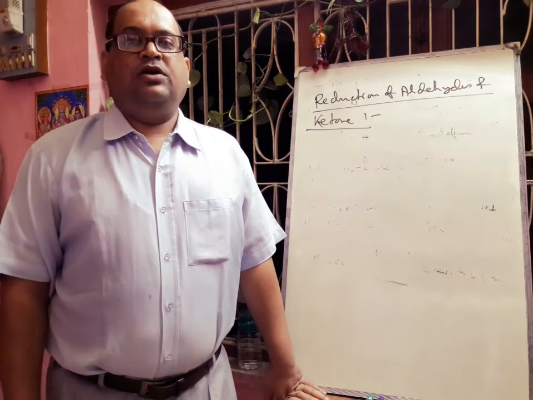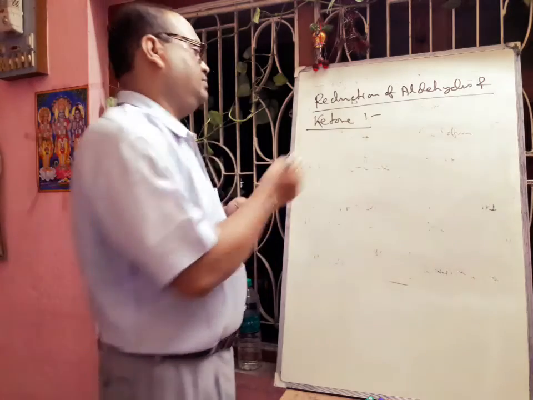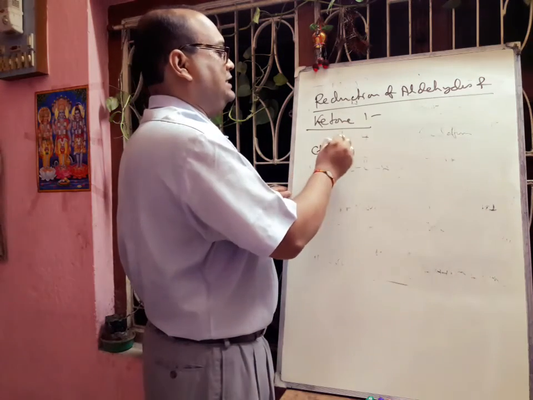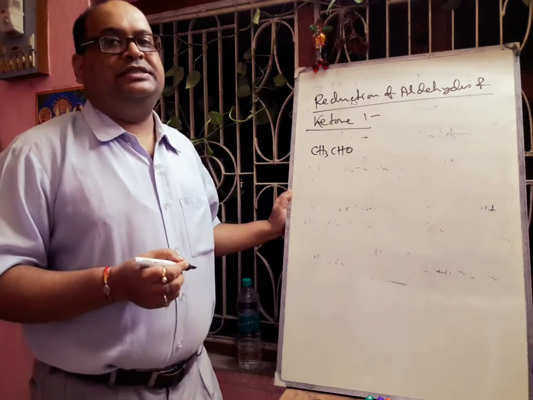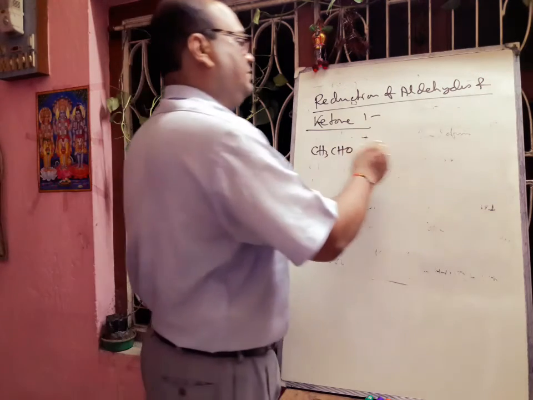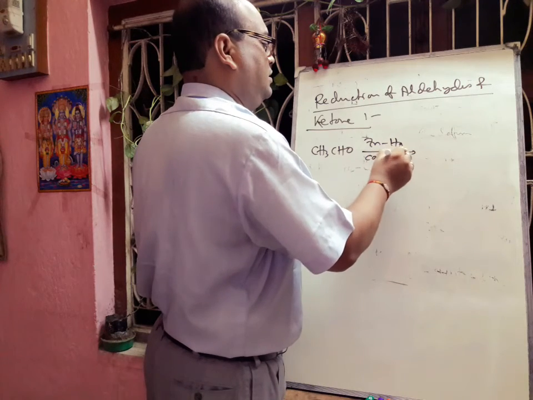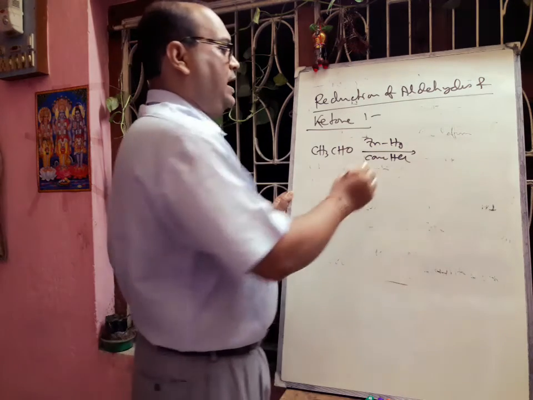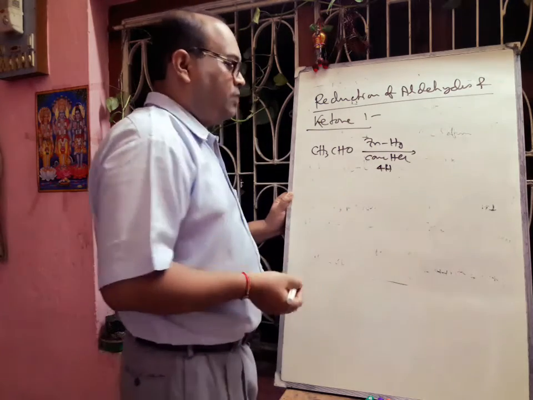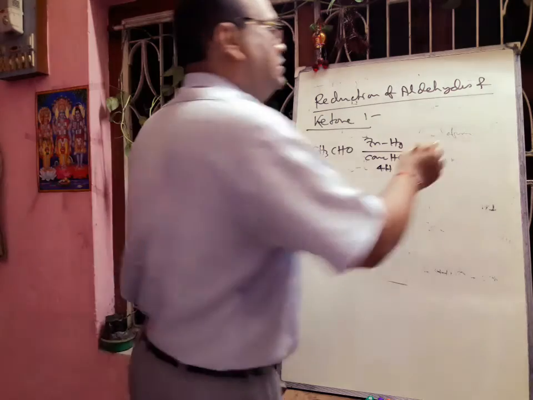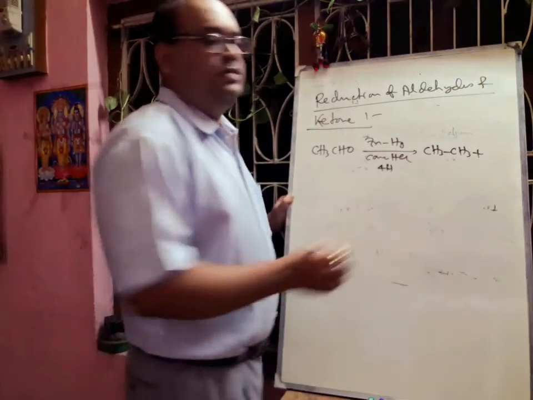For example, we can take CH3CHO, that is acetaldehyde, and use zinc amalgam and concentrated HCl. Addition of 4H will produce CH3CH3, that is ethane, plus H2O.